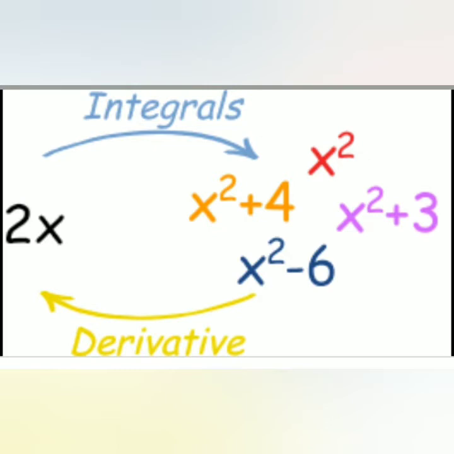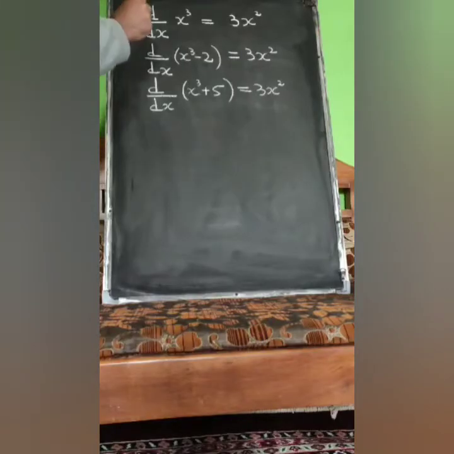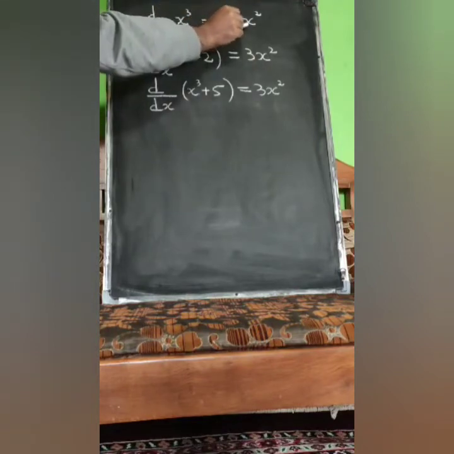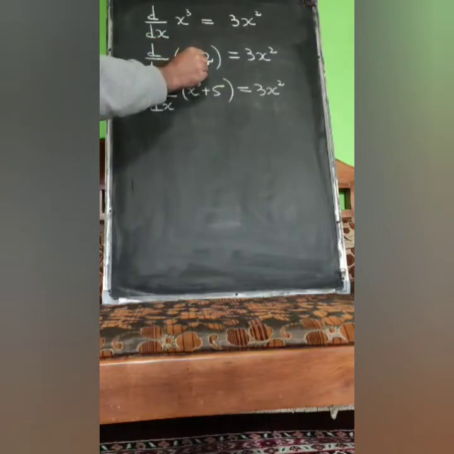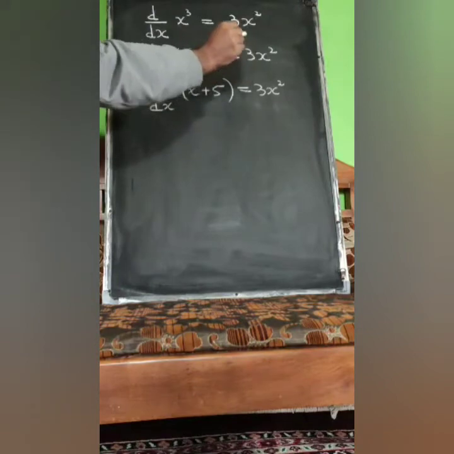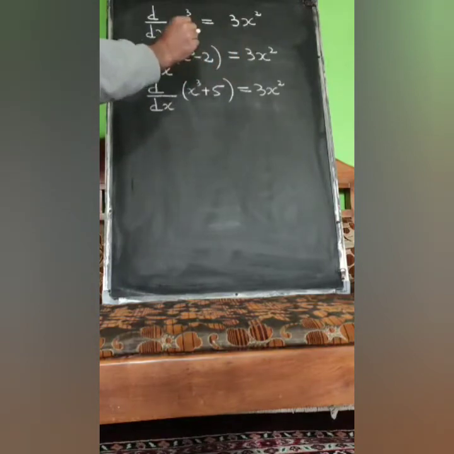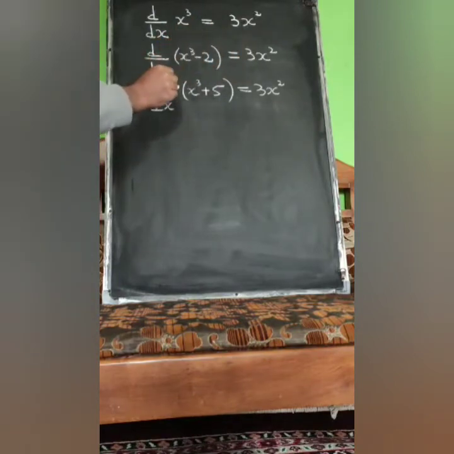Now let me explain it this way. We know that differentiation of x cube is equal to 3x square. Also, differentiation of x cube minus 2 is equal to 3x square, as differentiation of constant is 0.